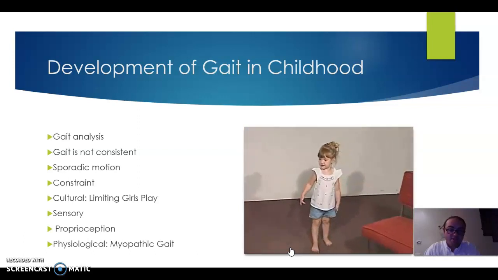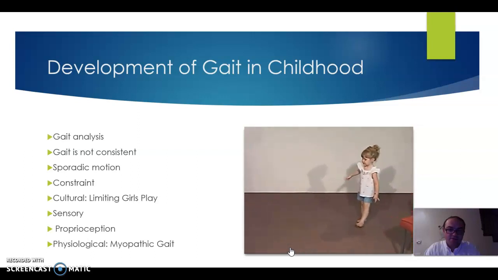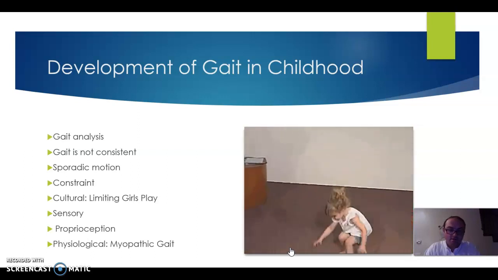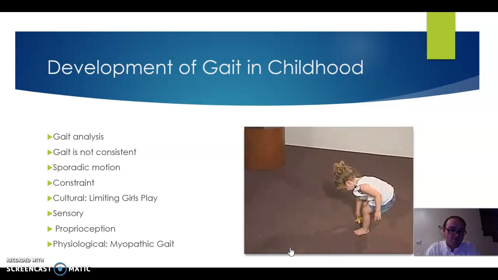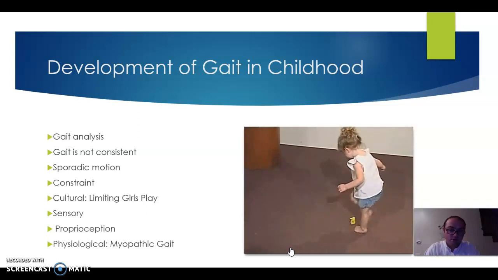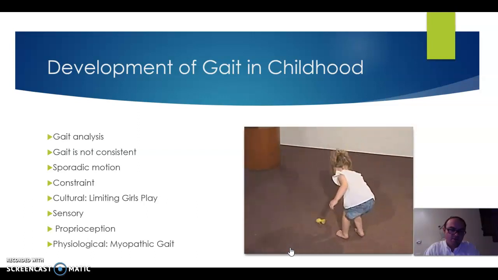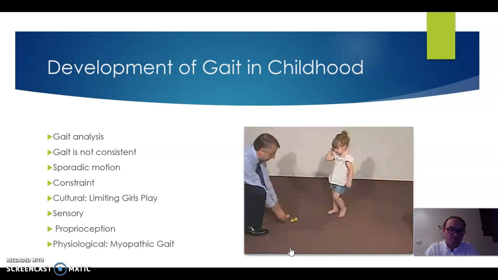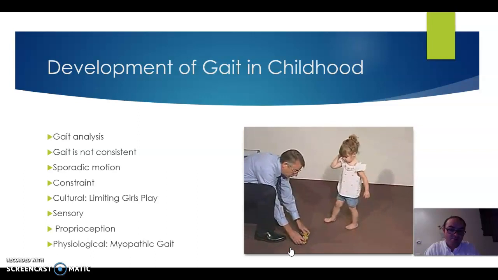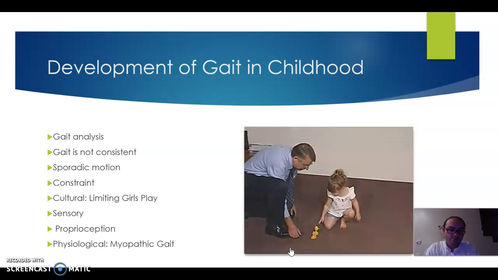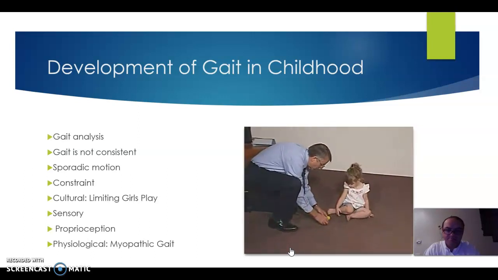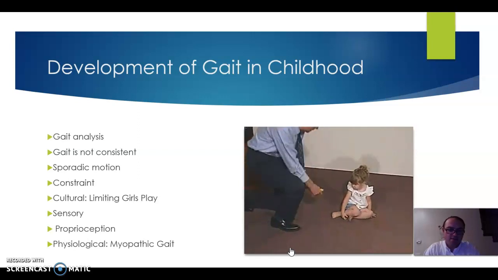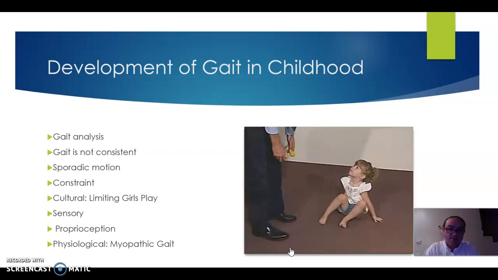And this protection could cause damage in their sensory ability and proprioception. So that protection makes it so they cannot develop and move as well as somebody that isn't protected as much.